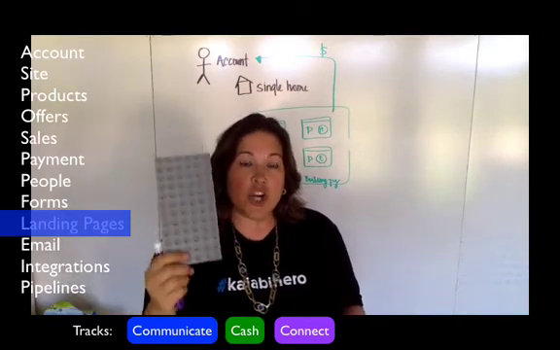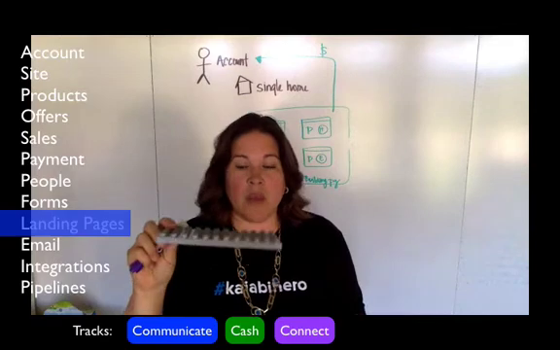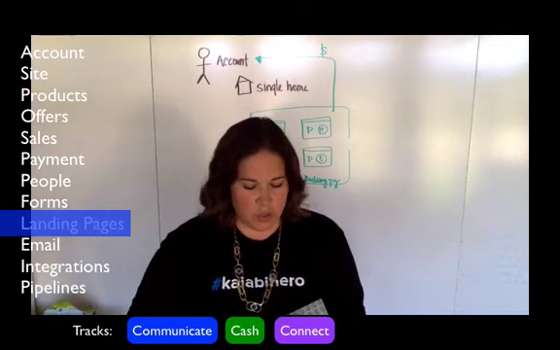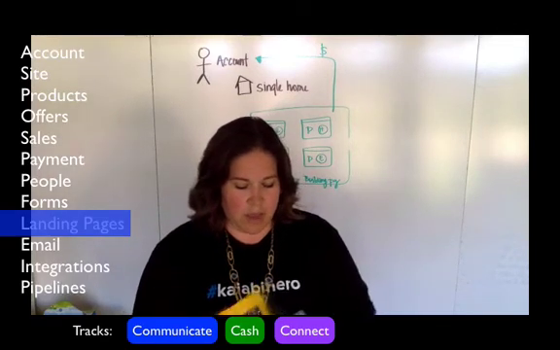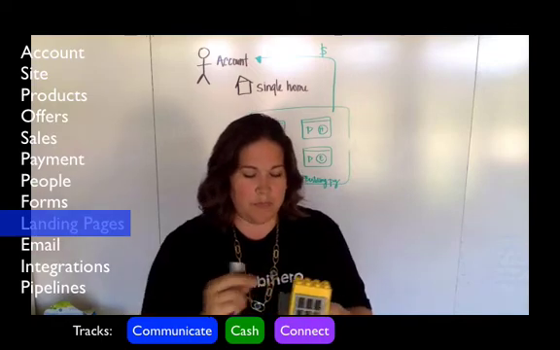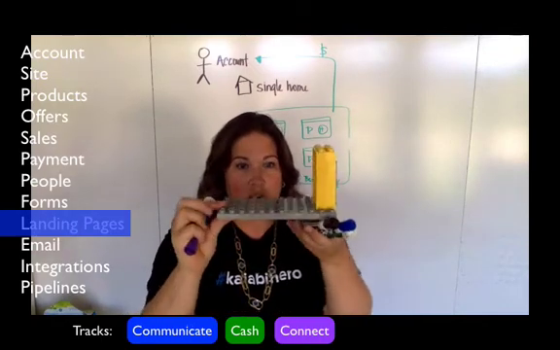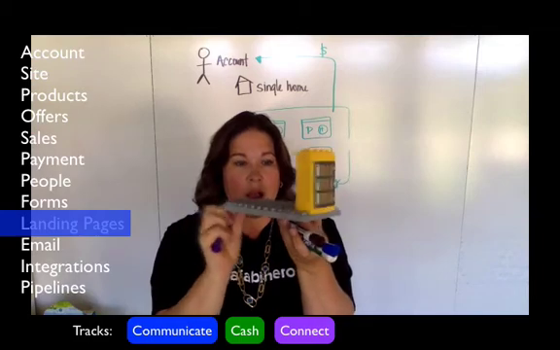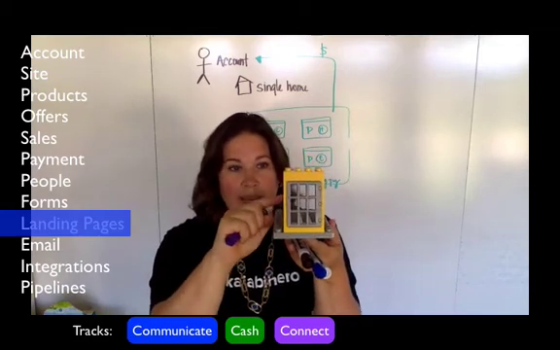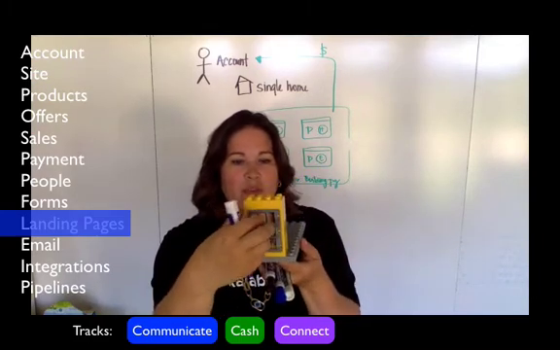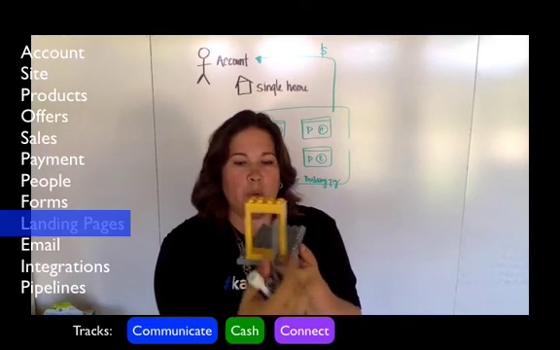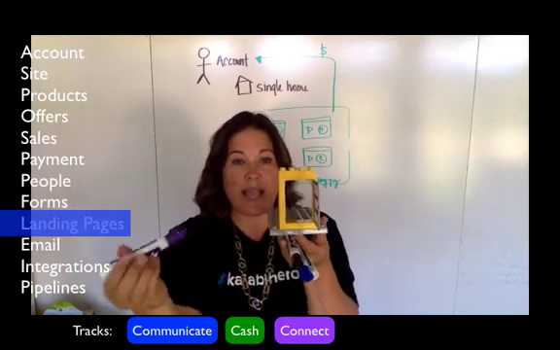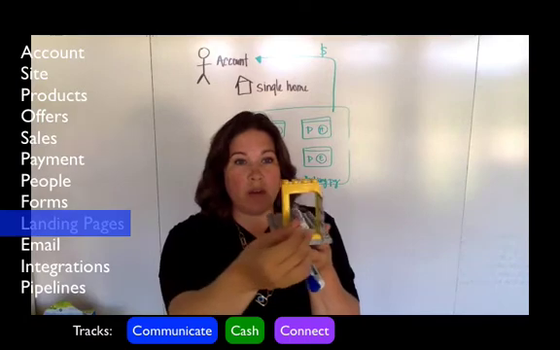So in terms of communication, landing pages, you can stick your opt-in form. Okay, here's our landing page. We're building it. Our form, to get information, is going to be right at the front. And that's where we open the door to our data cell and we say, oh, would you like to give me your information?